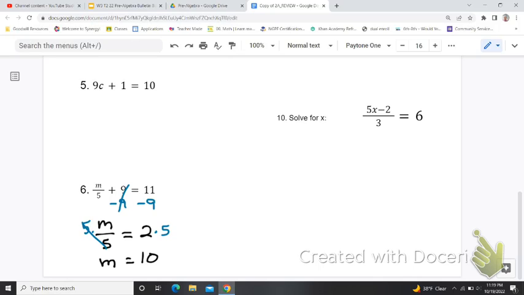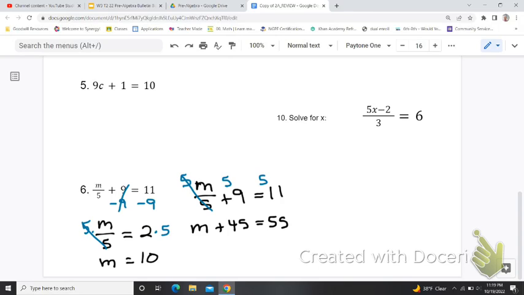You could potentially multiply first, but if you wanted to multiply first to get rid of the fraction, since the 9 is not part of the fraction, it would also get multiplied. So then I would have m plus 45 is equal to 55.